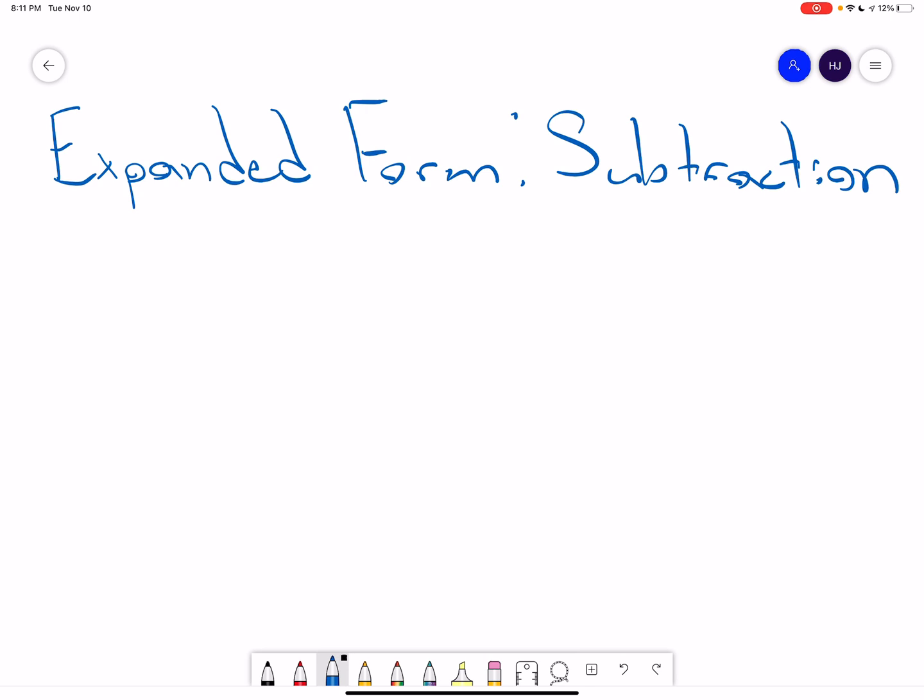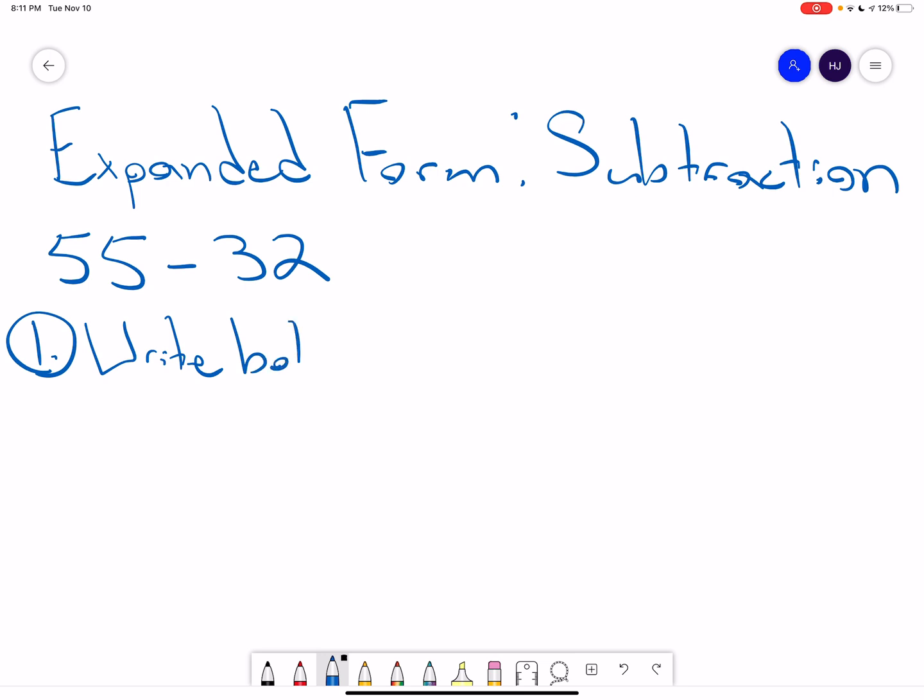So, let's say we've got 55 subtract 32. Okay? So to solve this, step 1 is the same as last time. Write both or all numbers in expanded form.